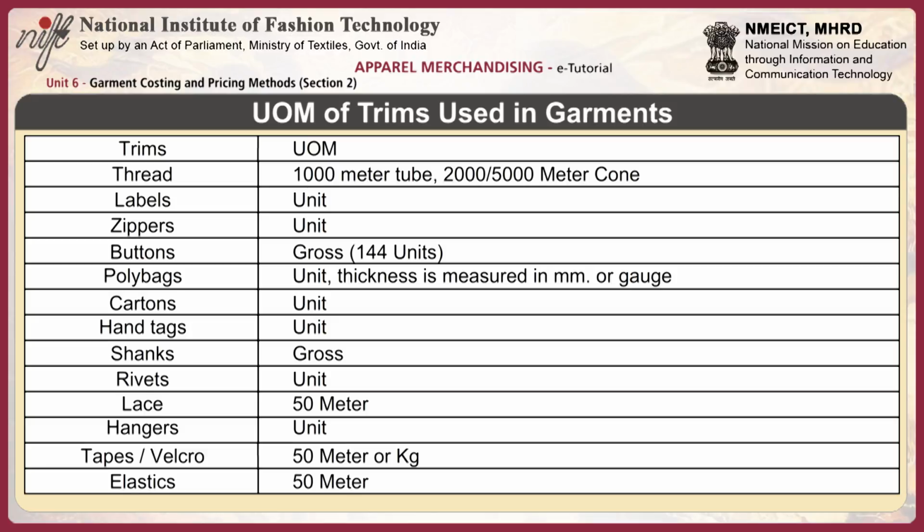Tapes and velcro: the unit of measurement is either 50 meter as 1 unit or 1 kg as 1 unit. Then we have elastics. Elastics are also measured with every 50 meter considered as a unit of measurement.